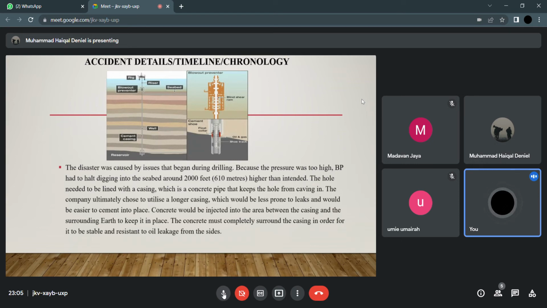Cement will be injected into the area between the casing and the surrounding earth to keep it in place. The cement must completely surround the casing in order for it to be settable and resistant to oil leakage from the side. And I would like to pass to the next presenter.